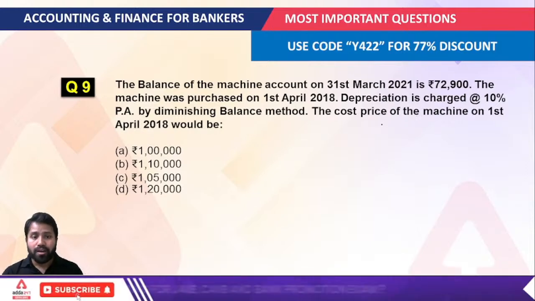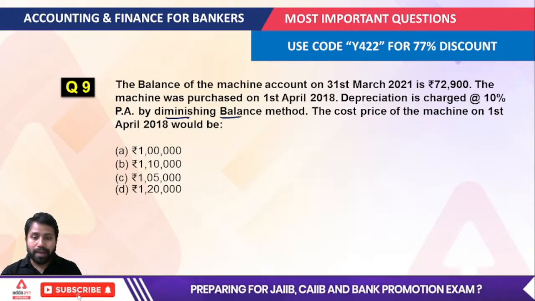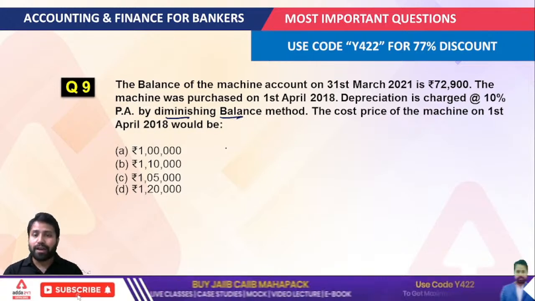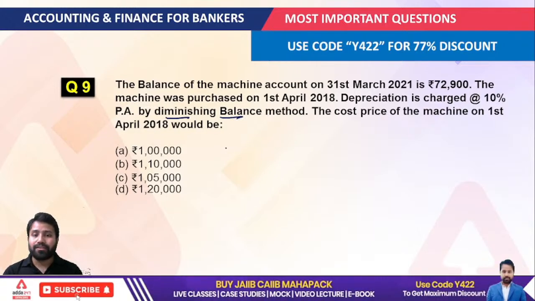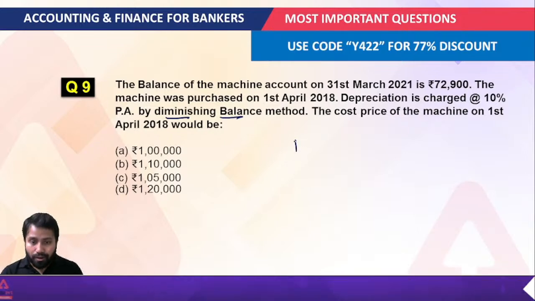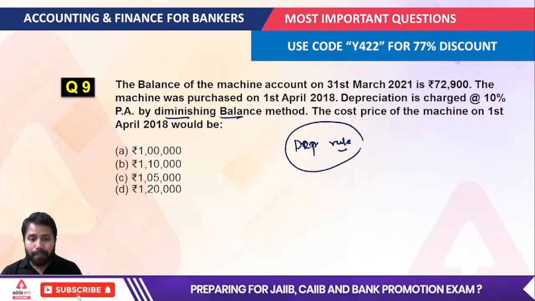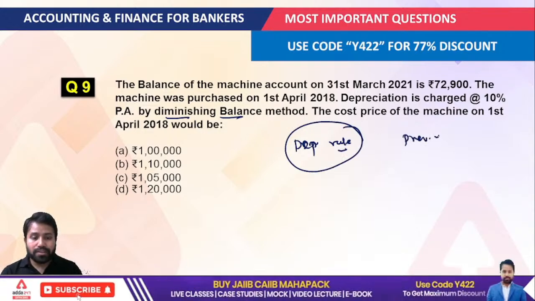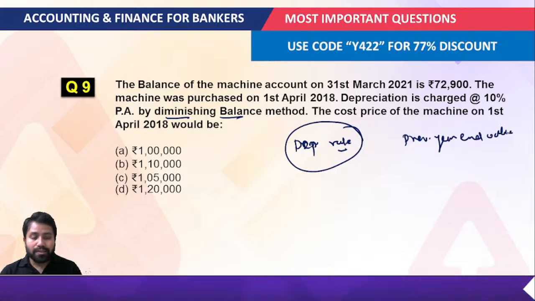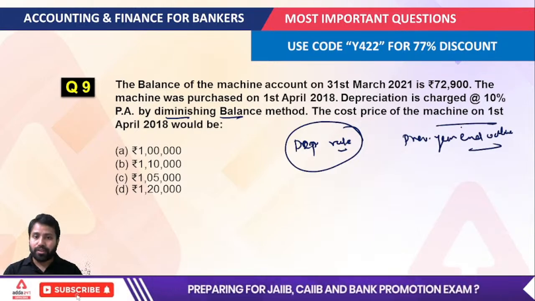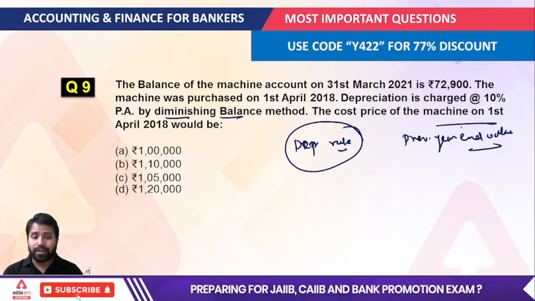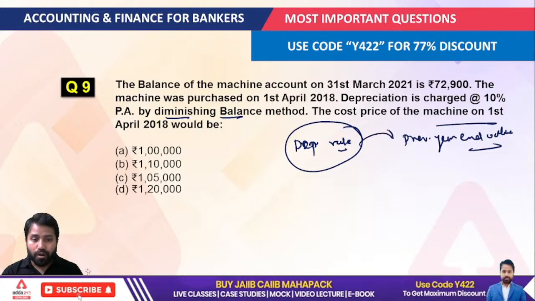Whenever we talk about the diminishing balance method, written down value method, or reducing balance method, the depreciation rate is always applicable on the previous year's value.